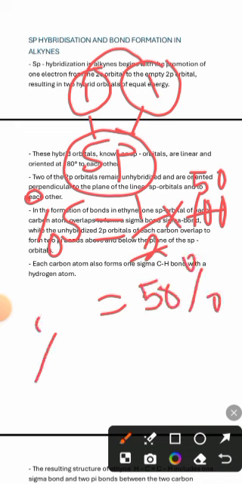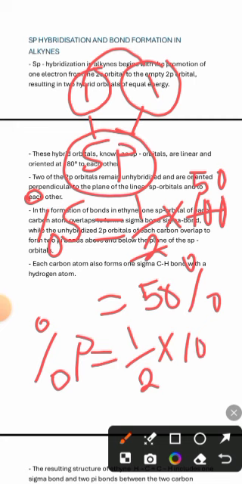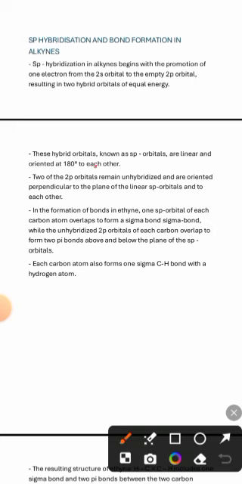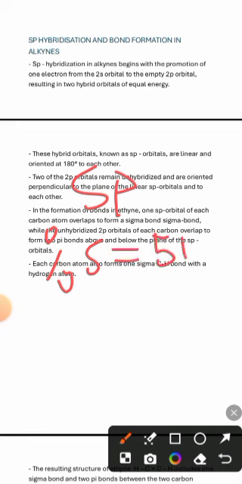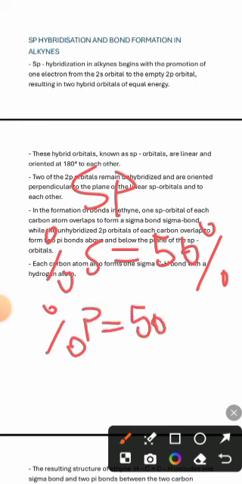And the same thing applies to the percentage p character, 1 over 2 times 100 to give us 50%. Therefore, for the sp hybridized orbital, the percentage s character is equal to 50%, and the percentage p character is equal to 50%. So they are both equal. So that is that.